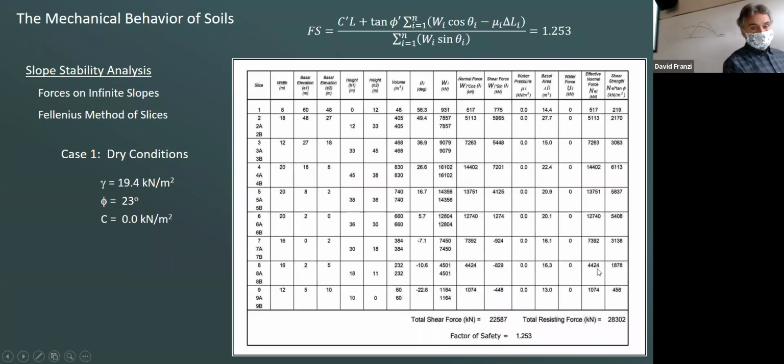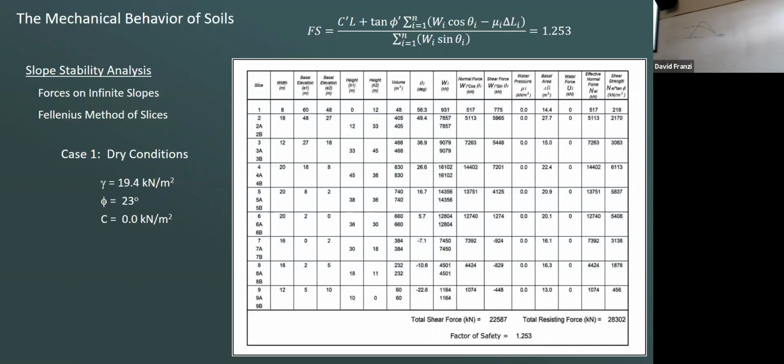Then you sum them all up. And so I get the total shear force, the total normal or resisting force from the Mohr-Coulomb equation, and I get a factor of safety of 1.253. That's not real good, but at least it's above 1. That's something to be happy about.